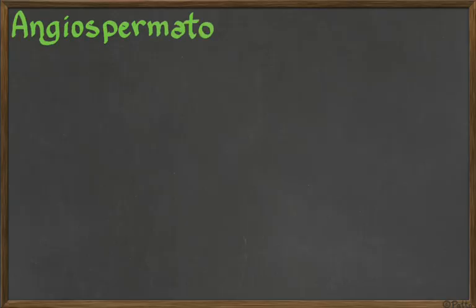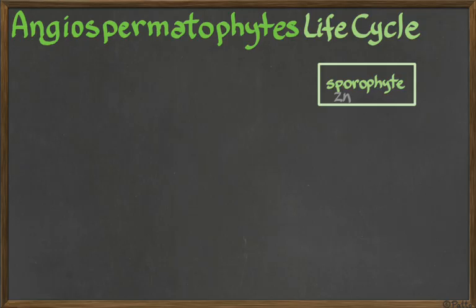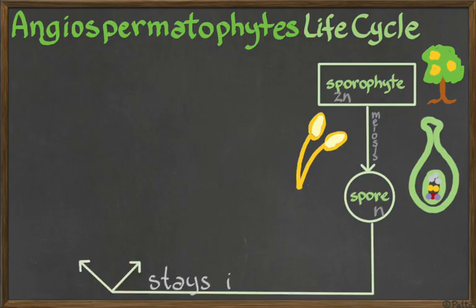But what if we want to put the angiosperm life cycle into the square diagrams that we had before? So, the sporophyte, diploid, is the plant over there that produces flowers, and is going to be having the male side and the female side, and you're going to be having the meiosis happening in the anther or inside the ovary. The meiosis is going to be producing the spore, which stays inside the sporophyte.